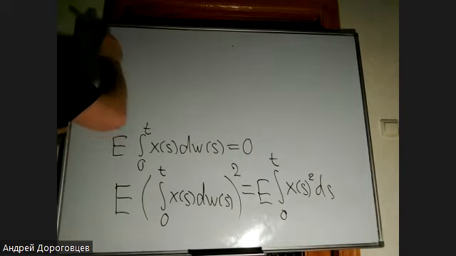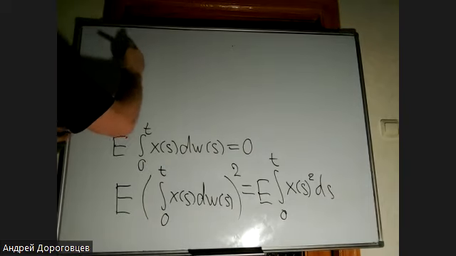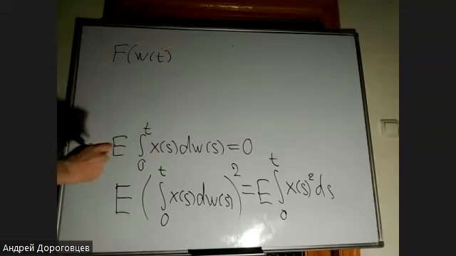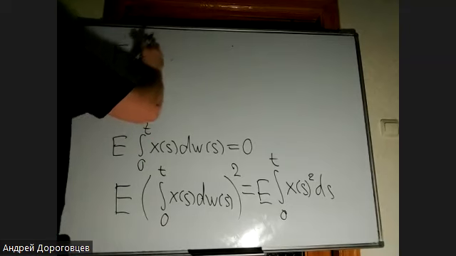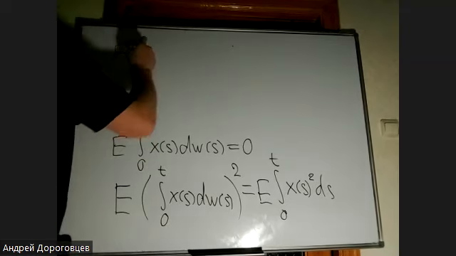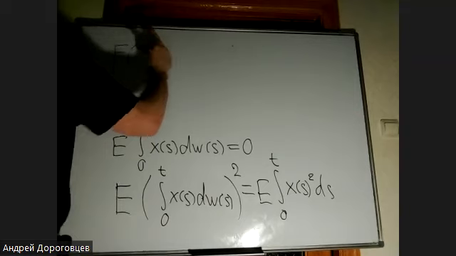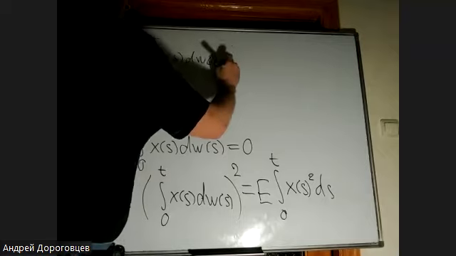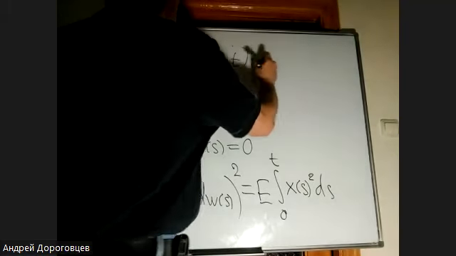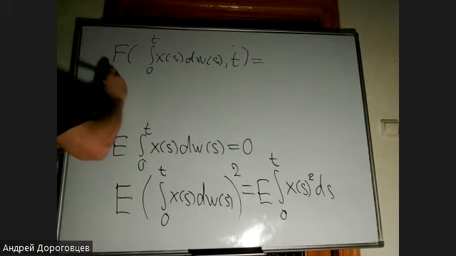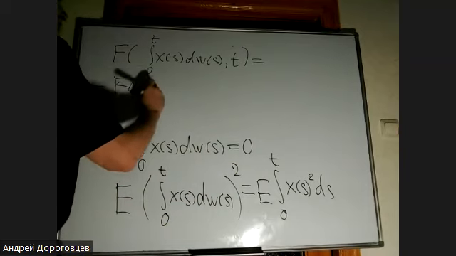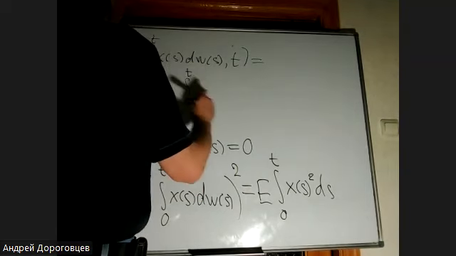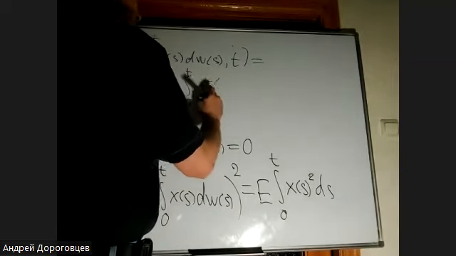If we consider f from W_t, for example, or excuse me, f from this integral from 0 to t of x_s dW_s, then we deduce that it is equal to f from 0, 0 plus the integral from 0 to t of f prime 1.